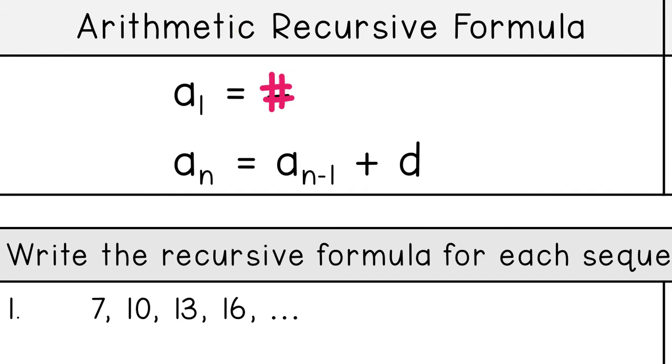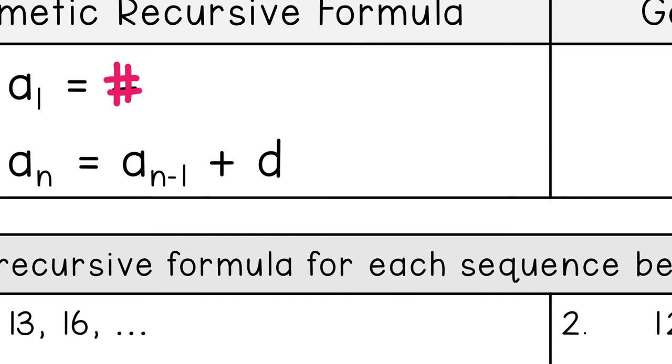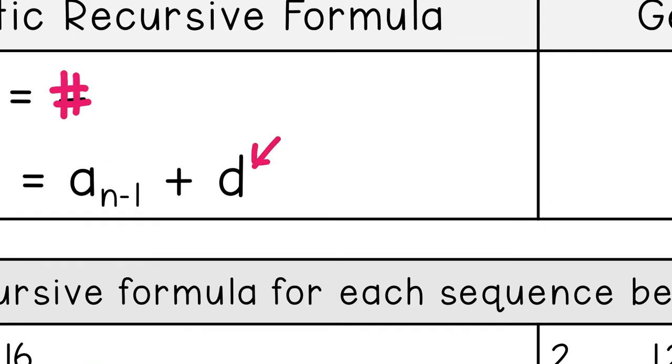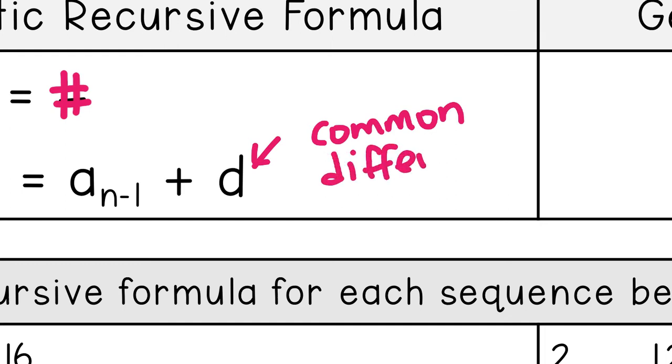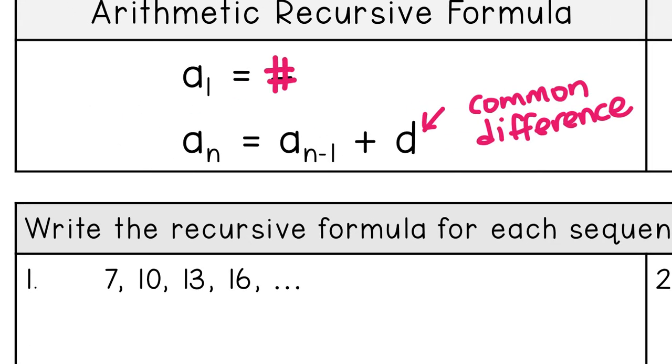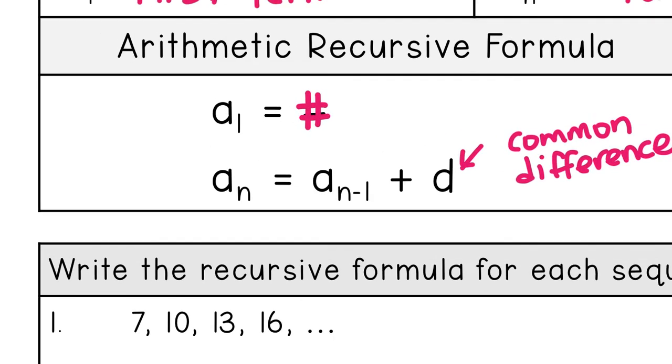So yesterday you should have watched a video that let you know that d stands for the common difference. And then also arithmetic, we know that it always goes with plus or minus. So this symbol right here is always going to be either a plus sign or a minus sign.